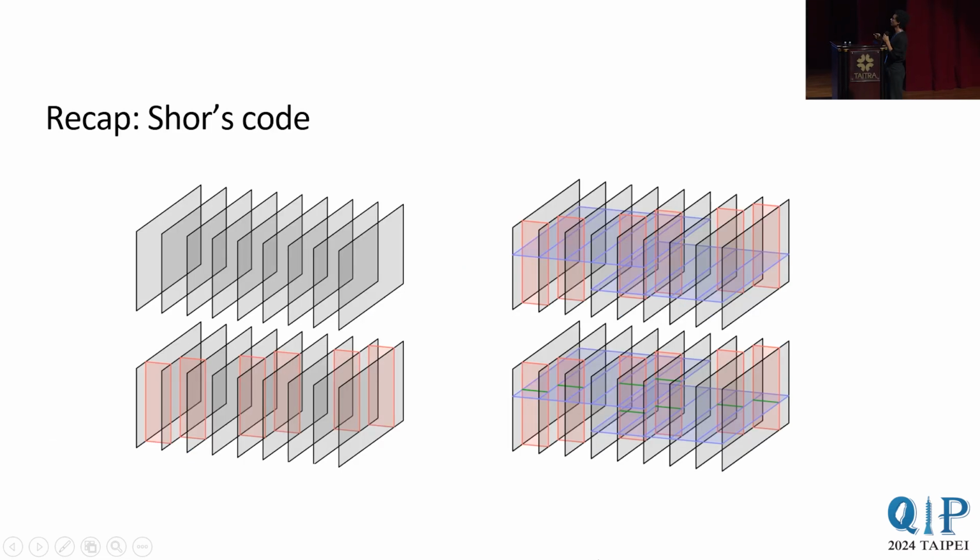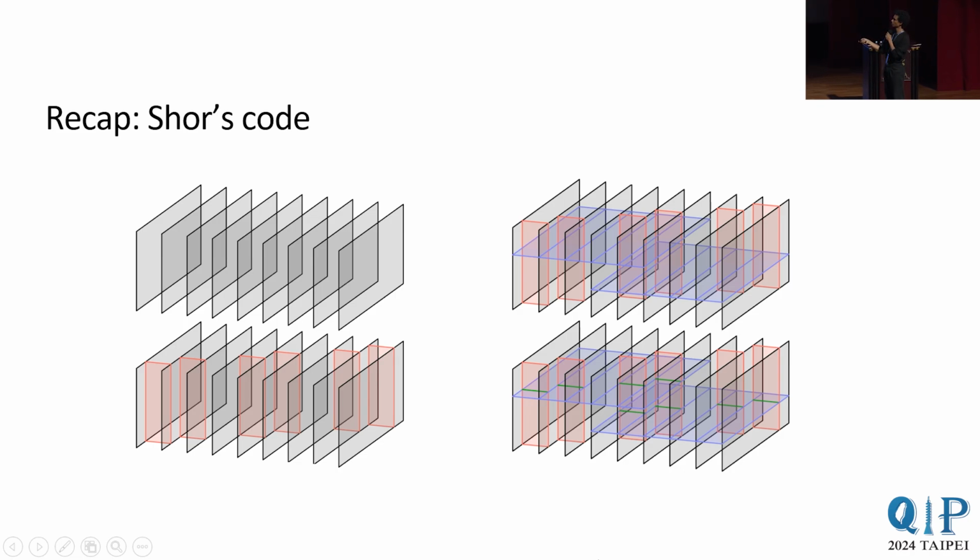Great, so maybe a nice way to recap is to see how this construction applies to Shor's code when you take Shor's code as an input code. Each qubit of Shor's code is going to be mapped to a surface code. Then you can take the Z-type checks of Shor's code.